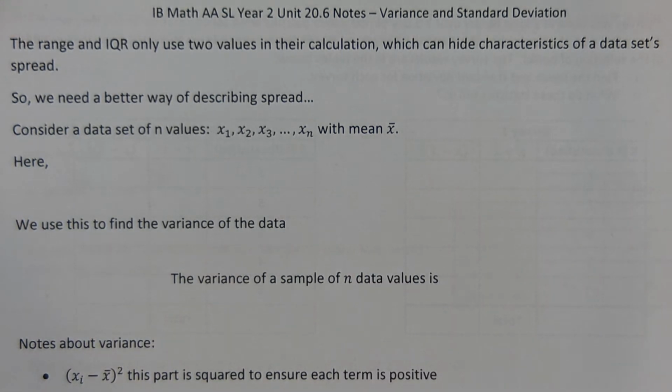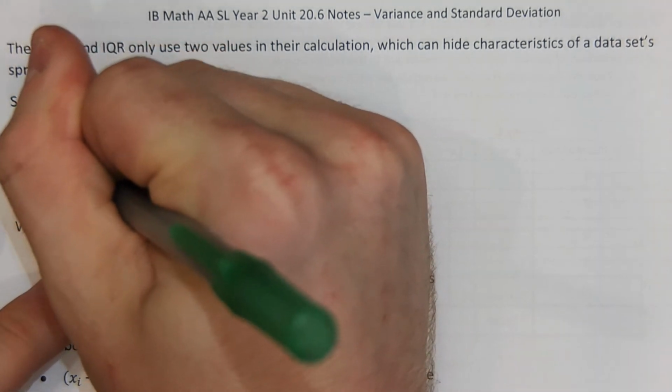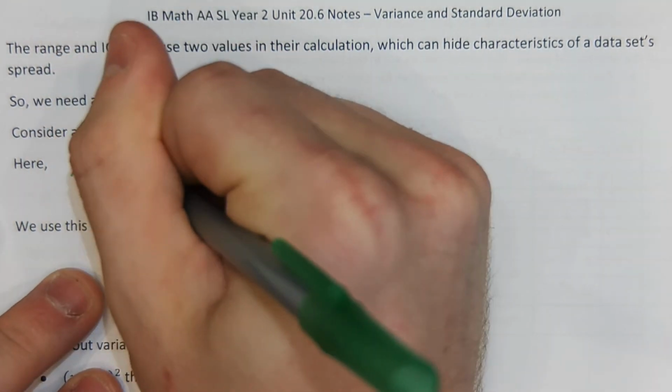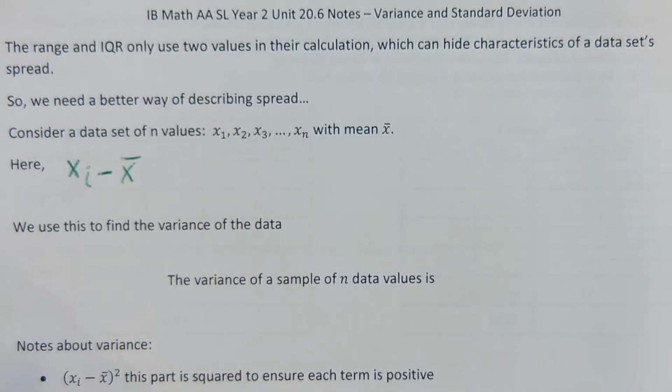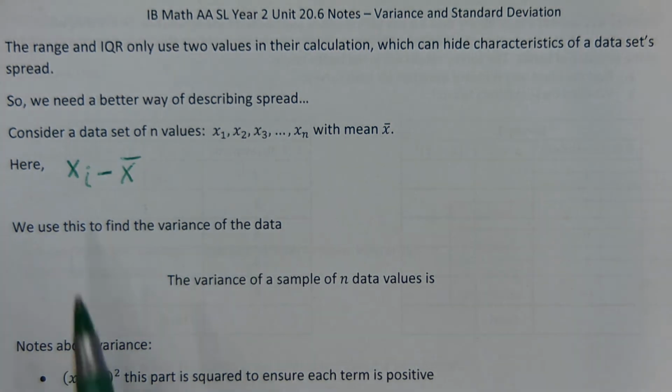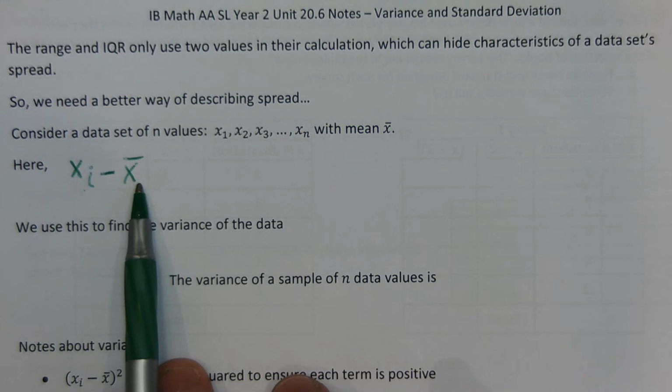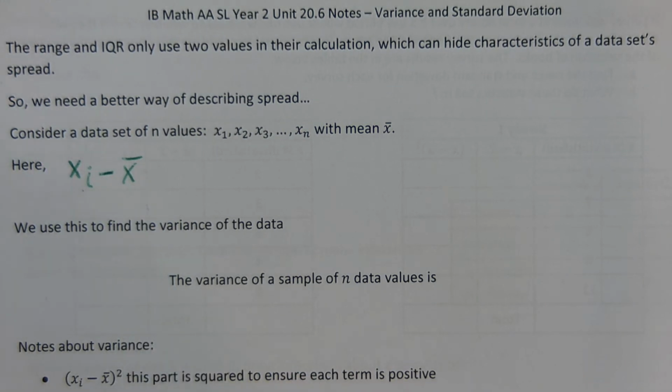What we're going to say is that xi, meaning some generic term in the list, minus x bar, is the distance between any term in the list and the mean. It shows you how far an individual term deviates from the mean.